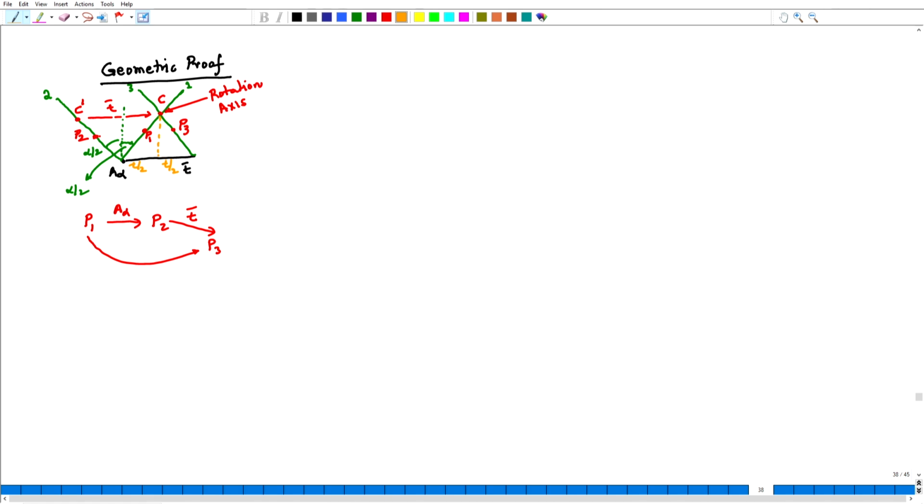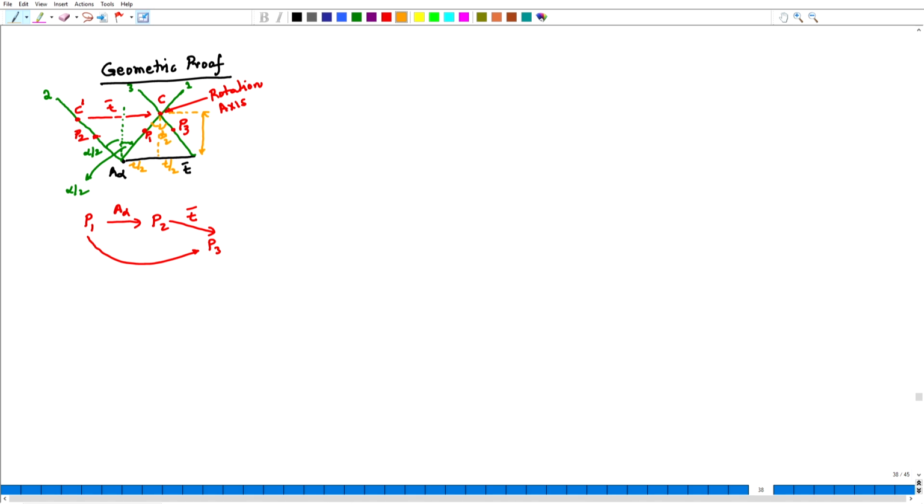The second coordinate is vertically up. So, we have to find out what this length is. Well, this length very clearly, if you look at it, this angle is alpha by 2, this angle is also alpha by 2, this angle is also alpha by 2.